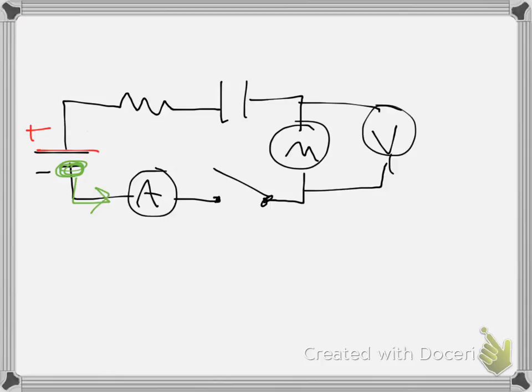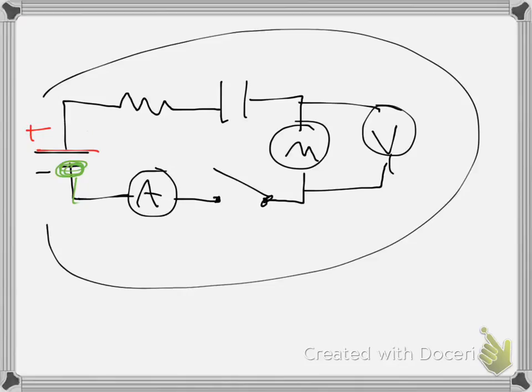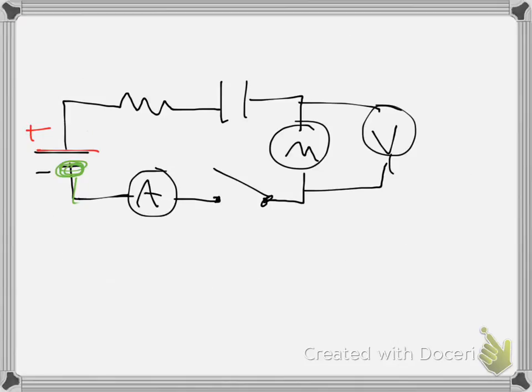Now, despite the fact that electrons flow from negative to positive, conventional current says that current flows from high potential to low potential, so from positive to negative. If you think about it in relation to water, that makes sense, right?